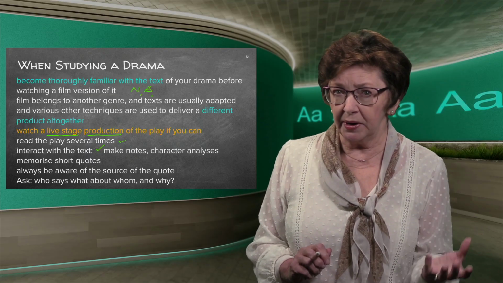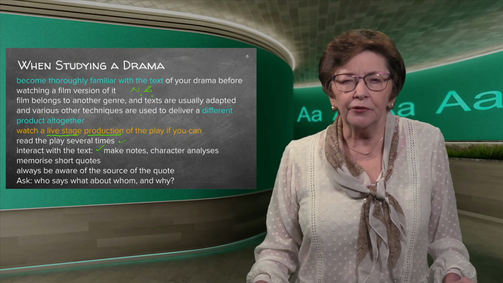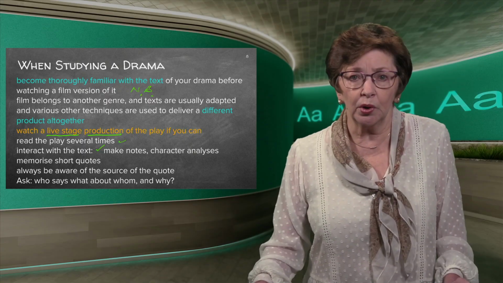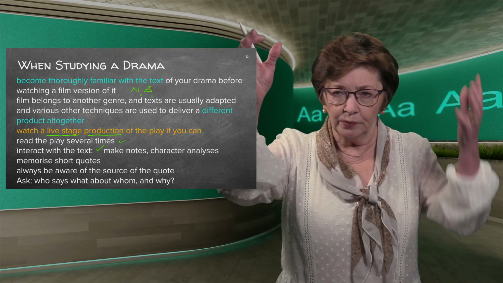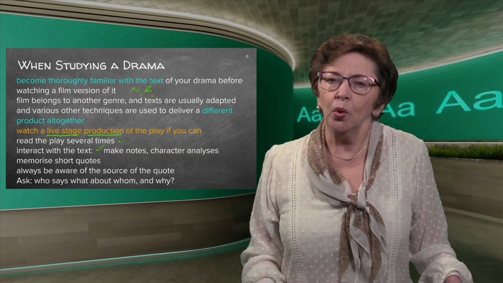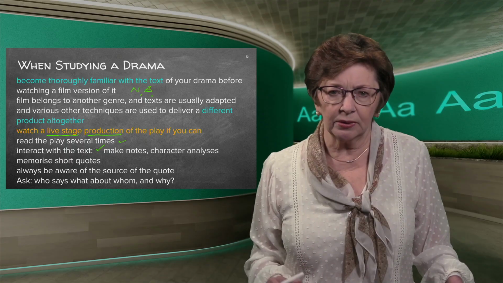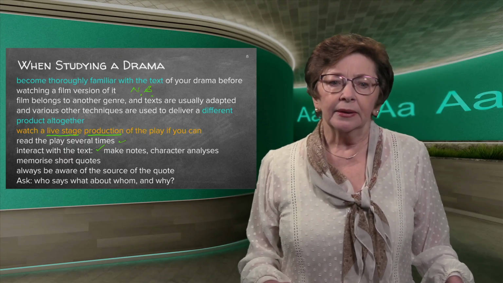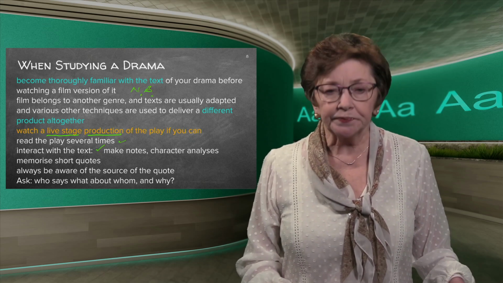And what has inspired that person to say that about Hamlet, for instance? So be careful about the quotes that you memorize. Make lists of those quotes, put them with your character list. But always be totally aware of what you're doing and what's actually happening, the context of that scene or whatever it is.